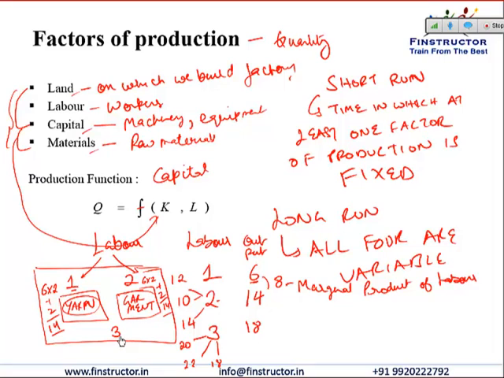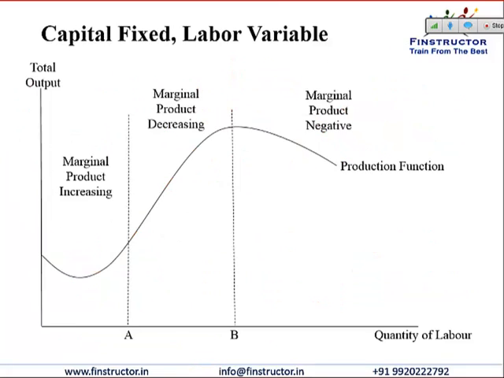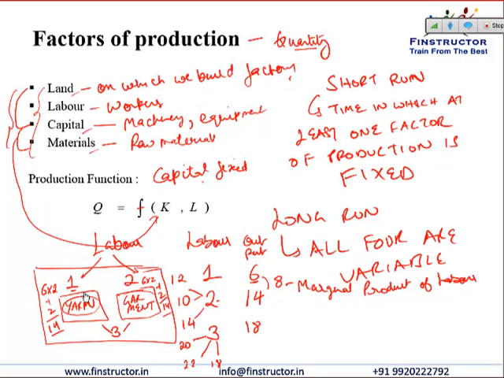The reason being, capital is fixed, or the amount of machinery and equipment is fixed. If we have to increase the quantity of production, we need an increase in all factors of production. Just by increasing one factor of production, we can't infinitely increase our quantity produced. This third labor doesn't have a machine to work on. So definitely adding the second labor was a very productive activity because there was specialization happening.